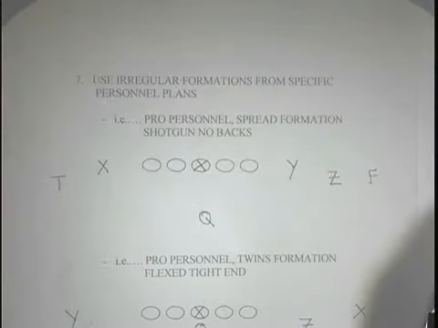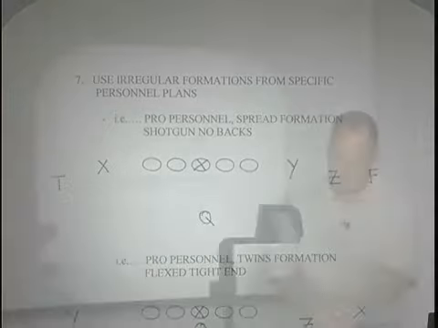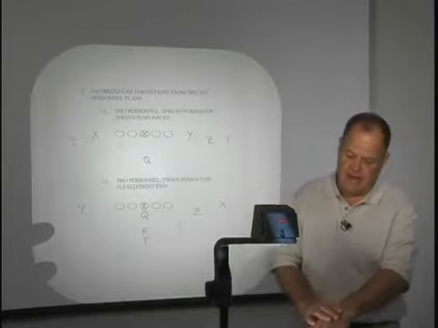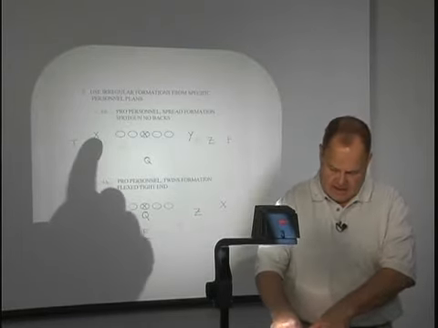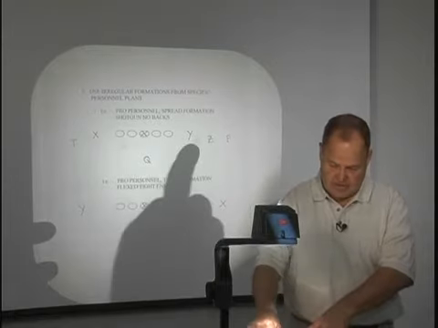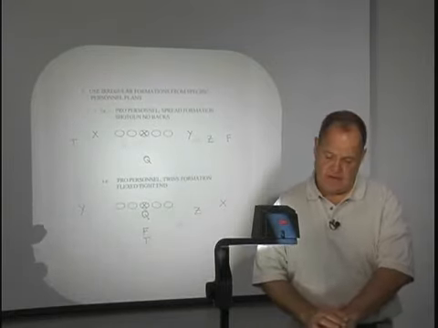Another concept that we like to look at is to use irregular formations from specific personnel plans. For example, we could have pro personnel, and yet we could use a spread formation, shotgun, no backs formation. Here we see that we have our normal pro personnel in the game. We have our X and Z wide receivers, we have our Y tight end, and we have 2 backs in the formation.